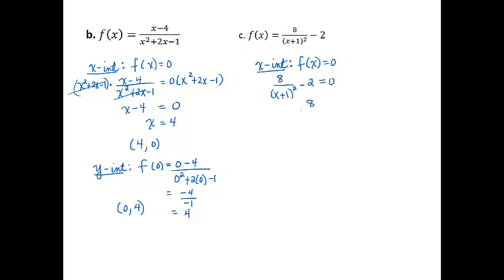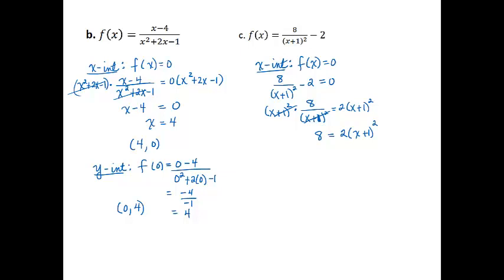I'm going to add 2 to each side to get 8 divided by x plus 1 squared equals 2. And then we'll multiply each side by the LCD, which is x plus 1 squared. So simplifying on the left, we get 8 equals 2 times x plus 1 squared.